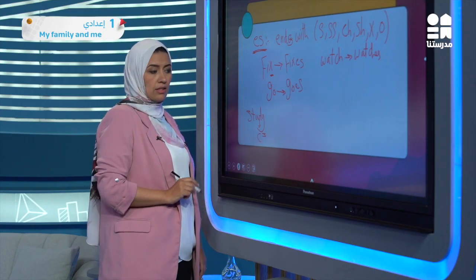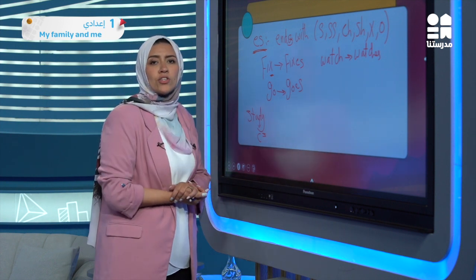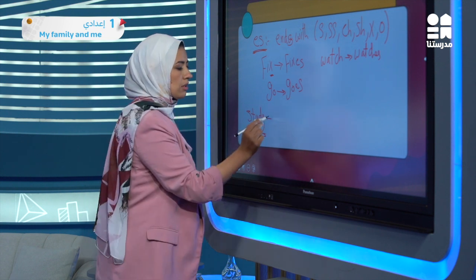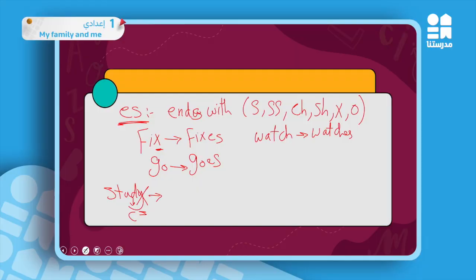Consonant, okay? يبقى what should I do if I want to use it with one of the third singular pronouns? I'll cross the Y and add IES. It will be studies.